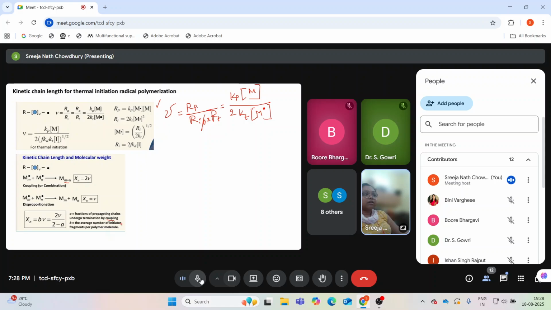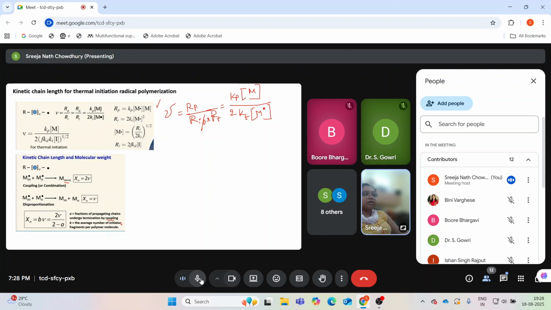So in each polymer molecule, the average number of initiator fragments, this is B. We can say that the average number of initiator fragments per polymer molecule will have a value from 1 to 2.